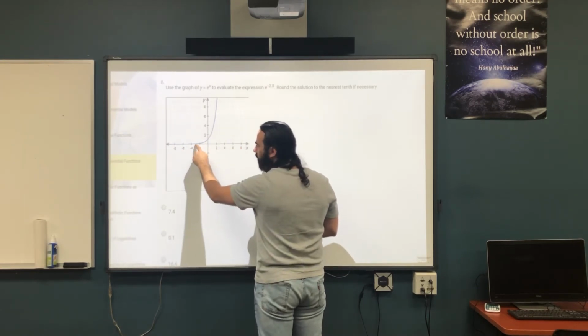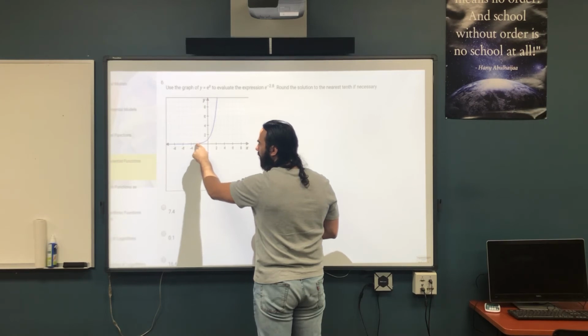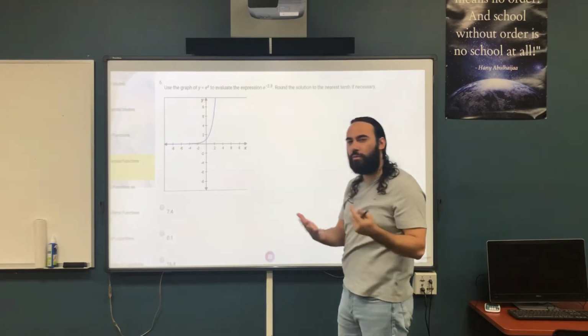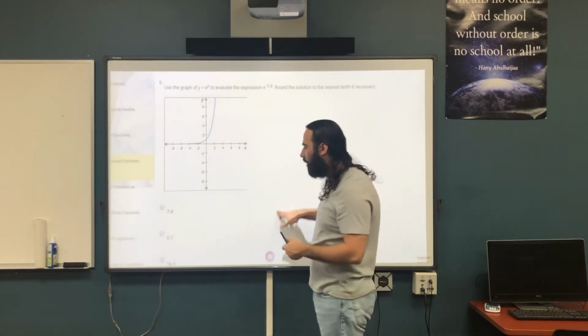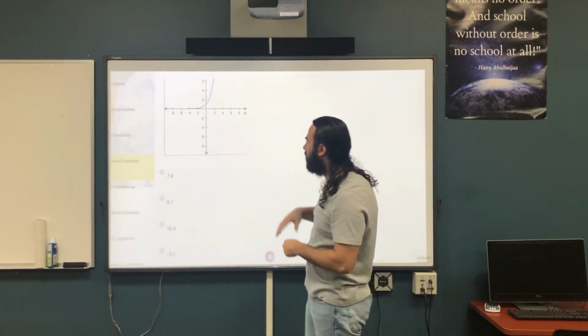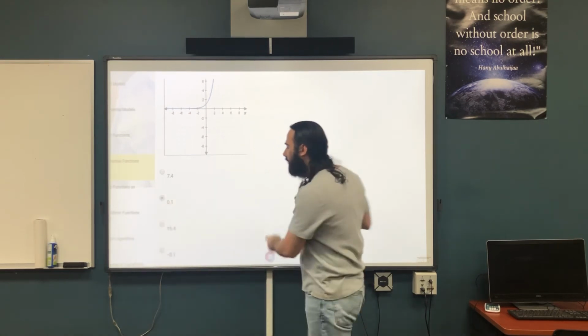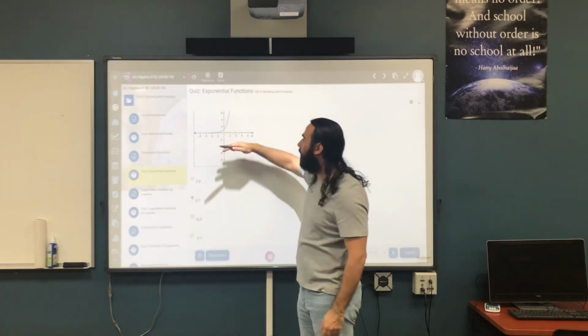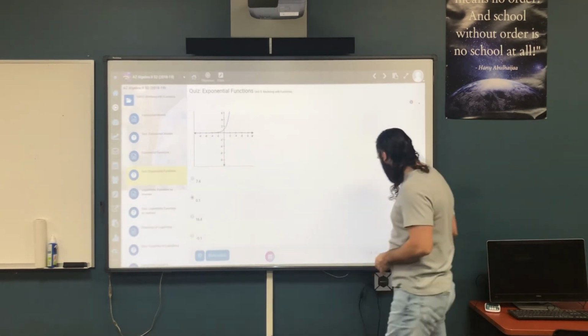So that's negative 2.5 in the middle, and that's going to be negative 3, so it's going to be really close here. So the line of the graph is really close to 0. The closest one to 0 would be the answer, and it has to be positive. So the only one that's closer to 0 is 0.1. Negative 0.1 is negative, but it's supposed to be positive because it's above the x-axis.